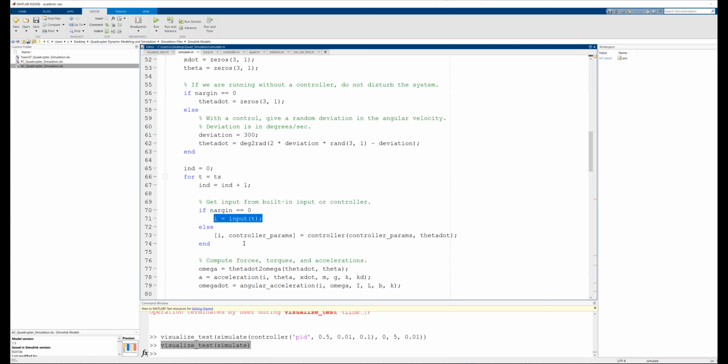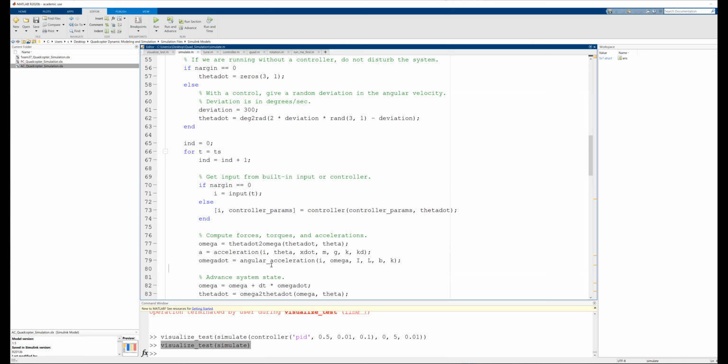But if you specify a certain controller, like a proportional controller, a derivative controller, or a proportional derivative integral controller, then it will invoke the controller function and compute the controller values.